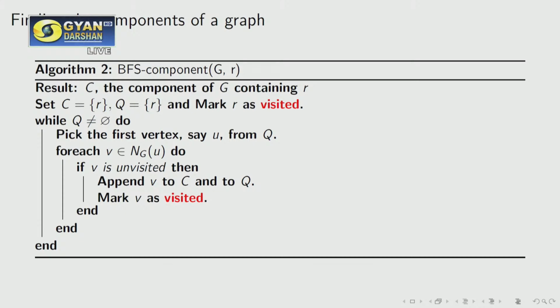There we used the container T to store the edges, but here we are not storing the edges, instead we are storing the vertices. So in the 3 steps that we needed, one step is clear, the same thing: mark V as visited.